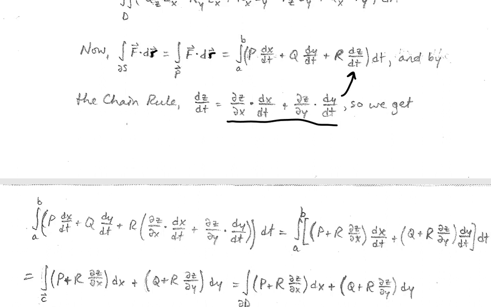We're going to regroup terms that had a dx over dt in them, and then regroup the terms that had a dy over dt in them, and pull out those common factors in those respective groups of terms. That gets us to the last part of our first line here. We can multiply both terms in there by the dt, and the dt's cancel out.